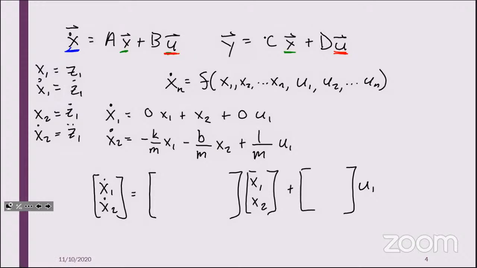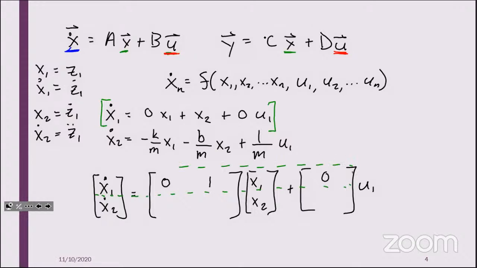All right. So how do we figure out what's inside of it? Well, look at that x dot 1 equation. I've got 0 times x1 plus 1 times x2 plus 0 times u1. I'm just recreating this equation that I have here, right? And I'm going to put little green brackets around this because I want you guys to look at this.